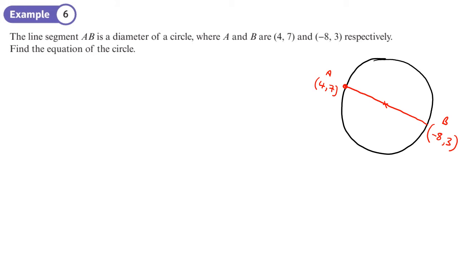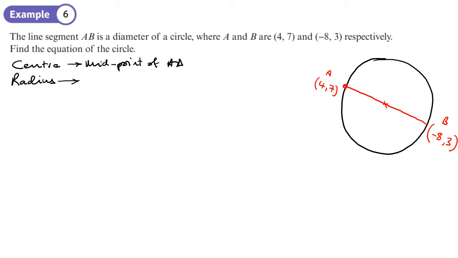Now to find the equation of the circle we need two things. We need to know the centre, and the centre is just going to be the midpoint of AB, isn't it? And we need to know the radius.